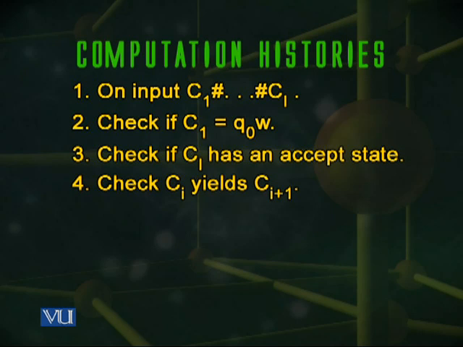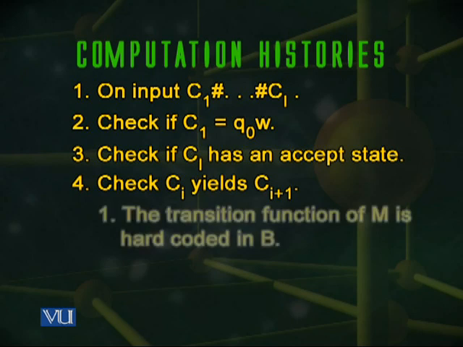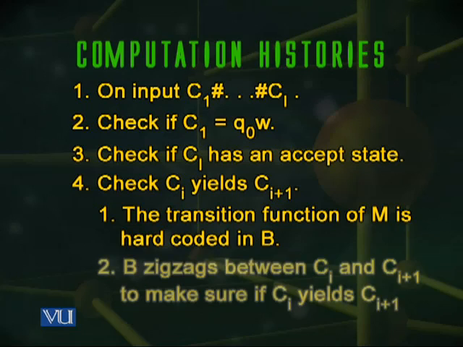How can a linear bounded automata do that? Well, the transition function of M is going to be hard-coded in this linear bounded automata. It will zigzag between Ci and Ci plus 1 to make sure that Ci yields Ci plus 1. See, if you're given two configurations separated by a hash sign, and somebody asks you if this configuration yields that configuration, initially you will start matching symbols.